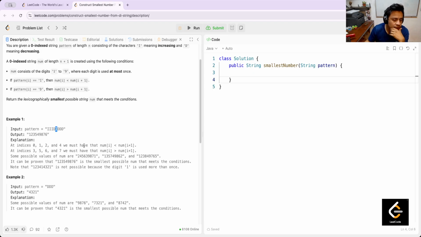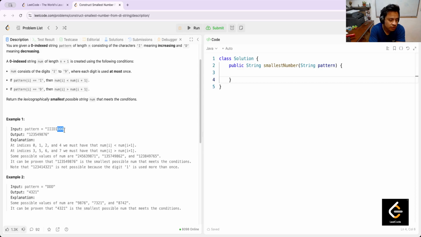Nums at index i is less than nums at index i plus 1 for I, and for D, nums at index i must be greater than nums at index i plus 1.